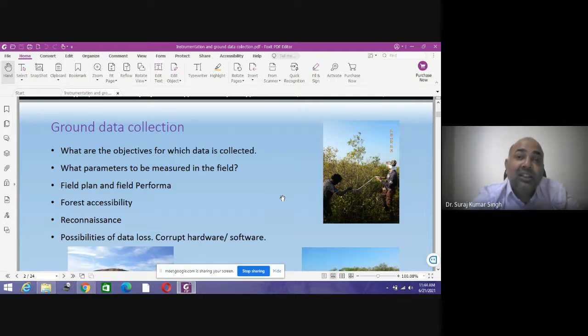That will lead to undue expenditure, unnecessary delay, and it will affect the accuracy of the data that you are talking about. And if you try to substitute it with some other data set or other instrument, that won't serve the purpose.